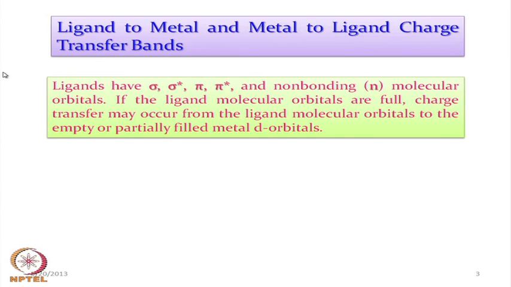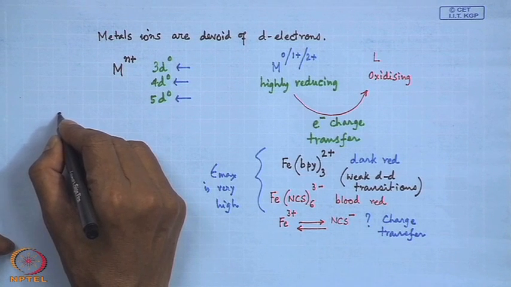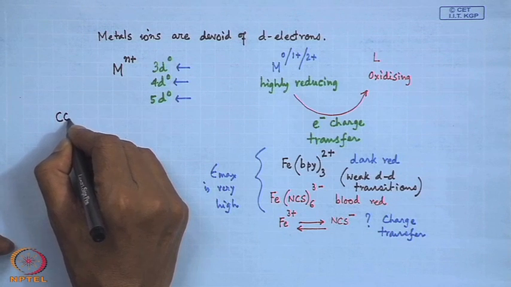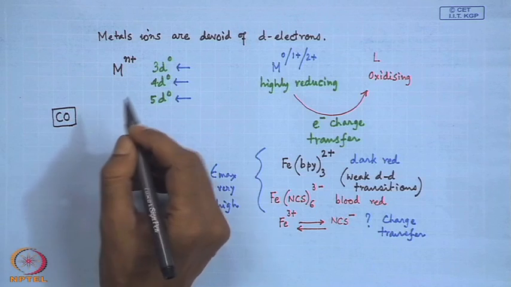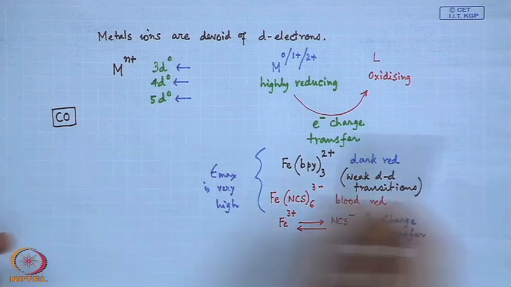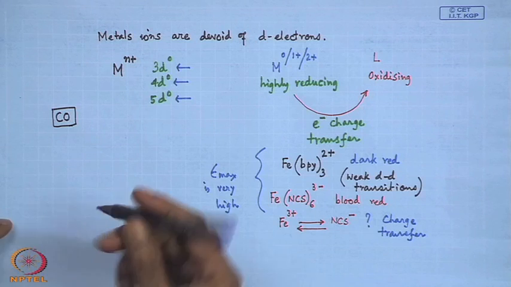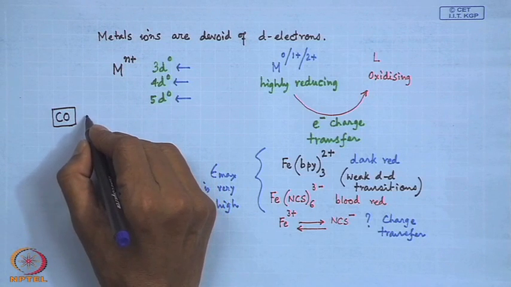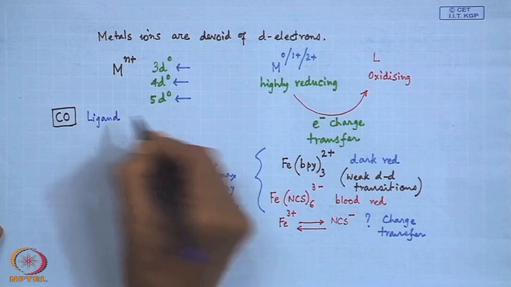So, we will see what different types of ligands we can have. We can see the corresponding molecular orbitals of carbon monoxide. As we all know, carbon monoxide can be a very good ligand to a particular metal system.